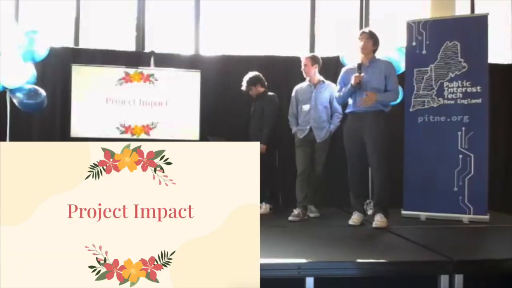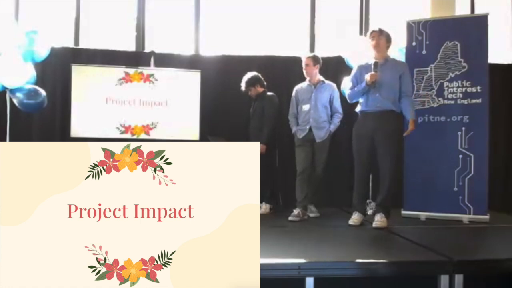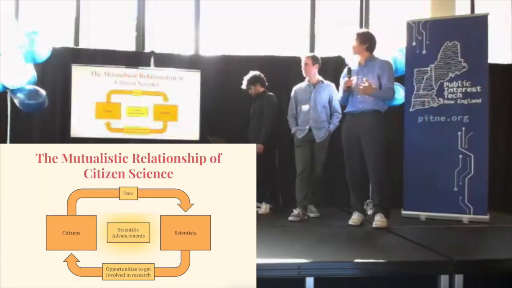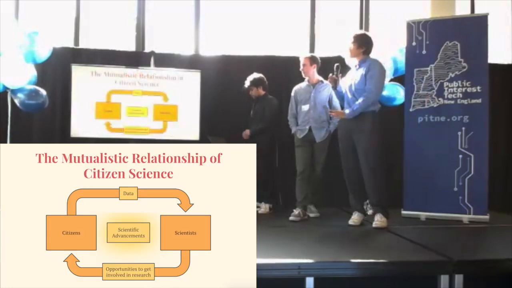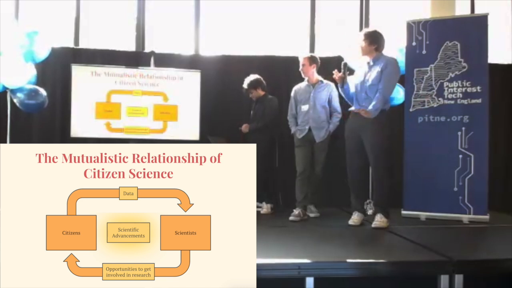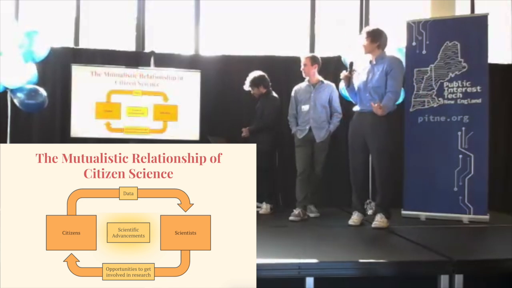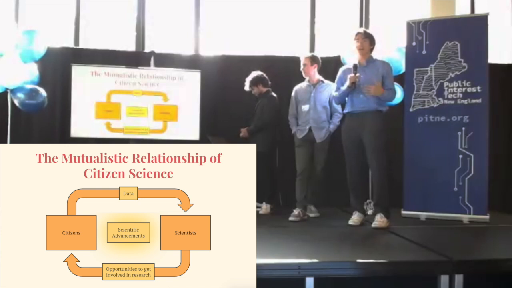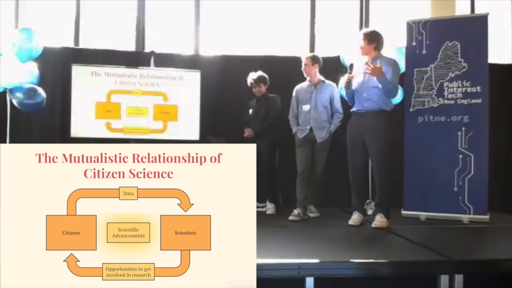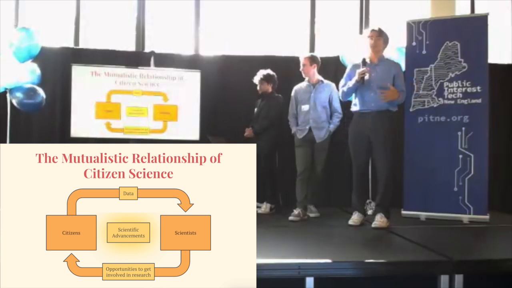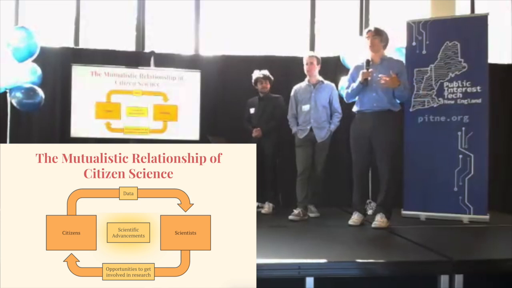Now let's talk about our project's impact on the public interest. We have a diagram here that we like to call the mutualistic relationship of citizen science. What does that mean? Scientists give citizens opportunities to get involved in research.